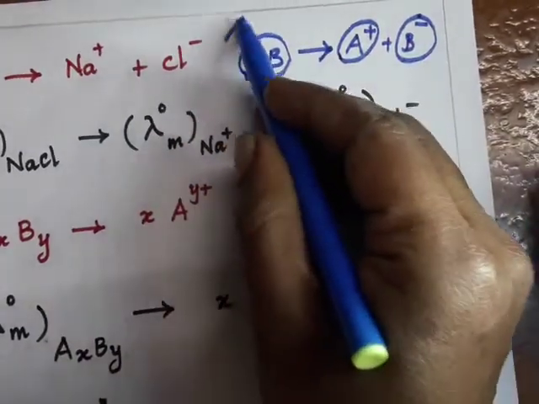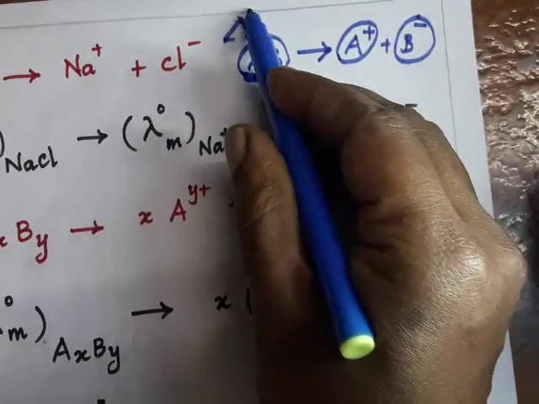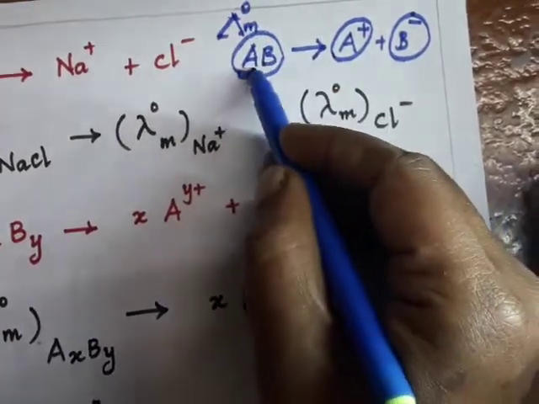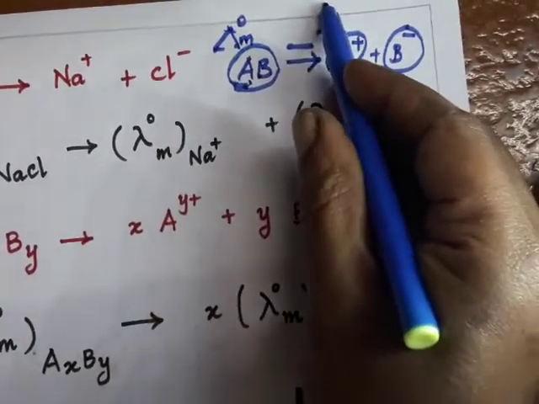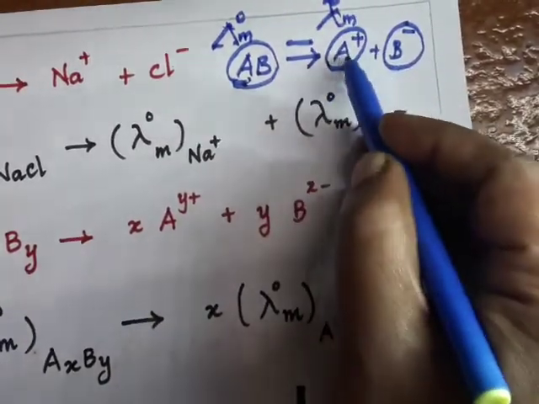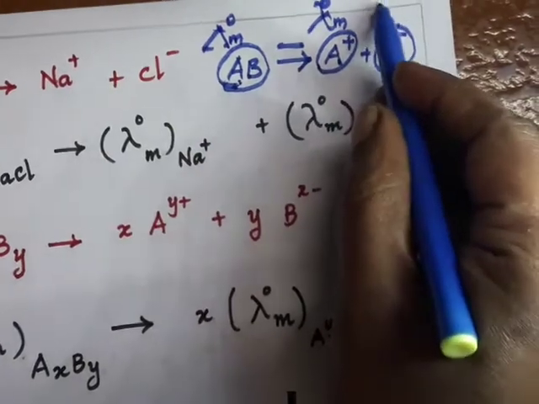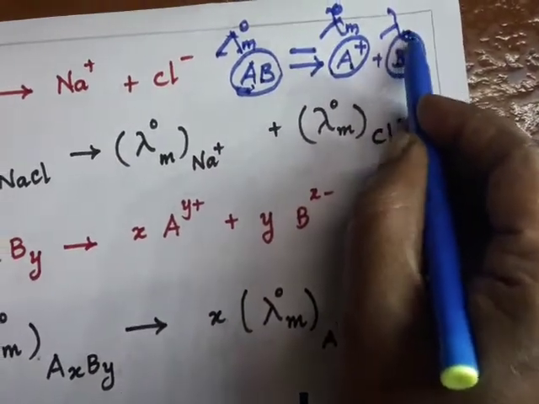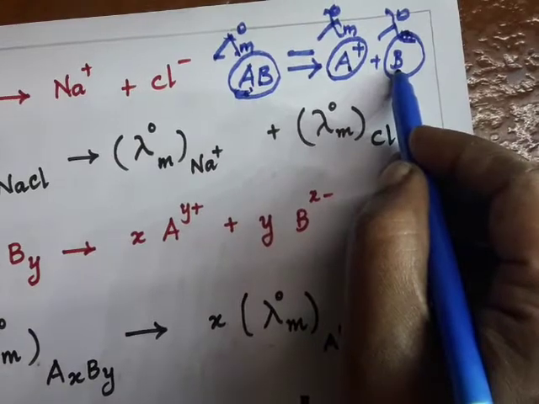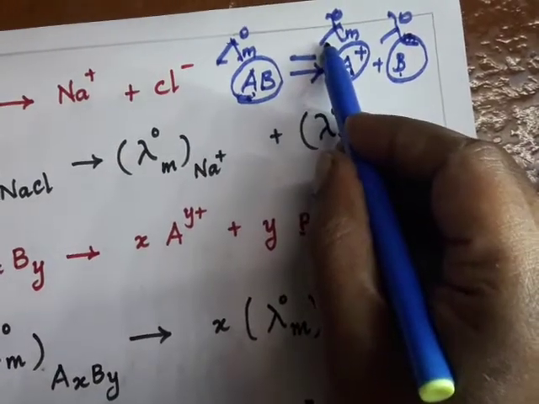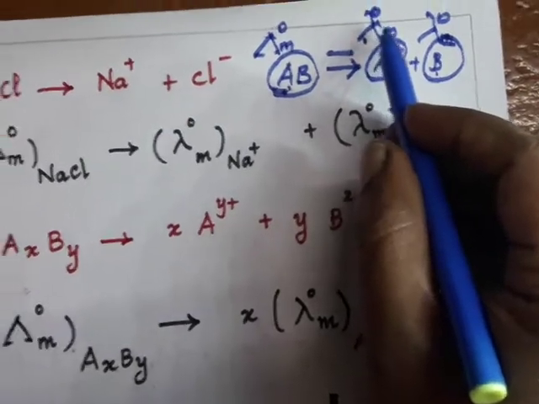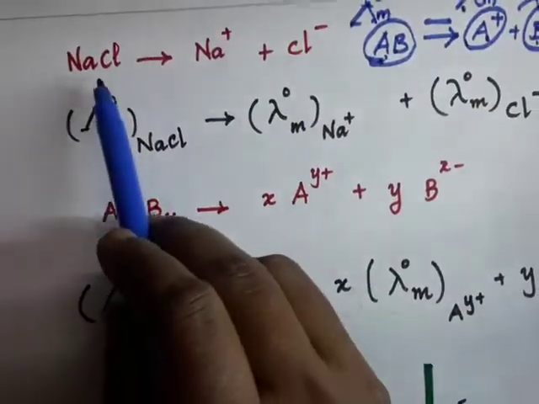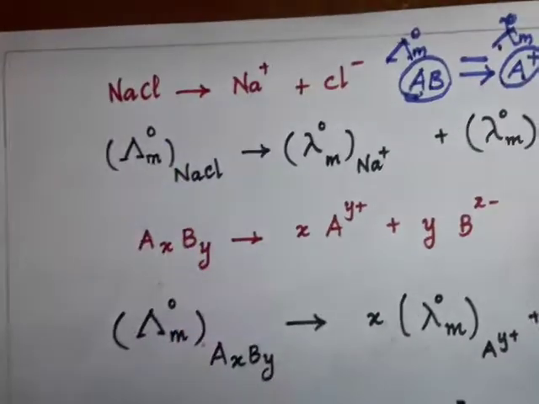So the limiting molar conductivity of the electrolyte will be equal to the limiting molar conductivity of the positive ion plus the limiting molar conductivity of the negative ion, right? For ions, they have denoted it by lambda. Let me see with an example. Here we have NaCl as the electrolyte.